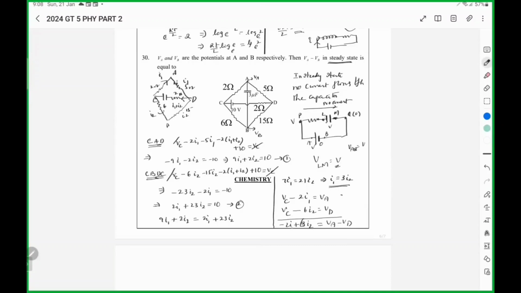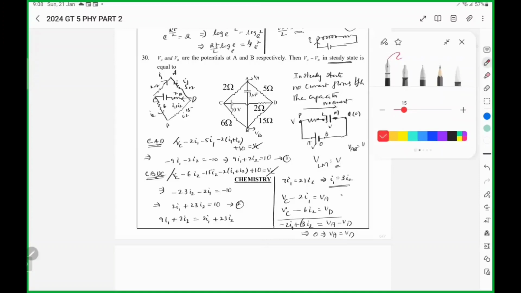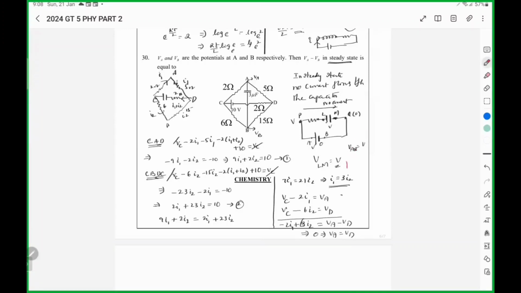Since I1 is 3I2, this becomes 0, which implies VA equals VD. So the conclusion here is that the potential difference between VA and VD is 0.